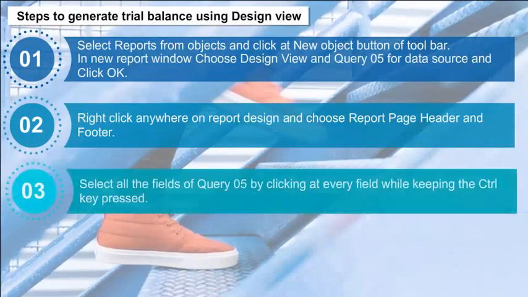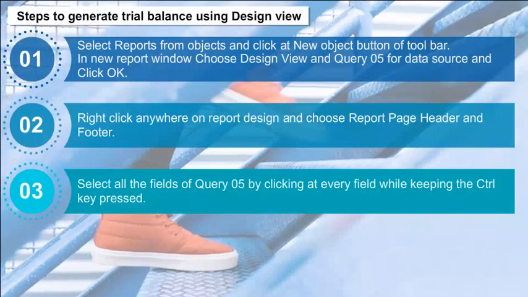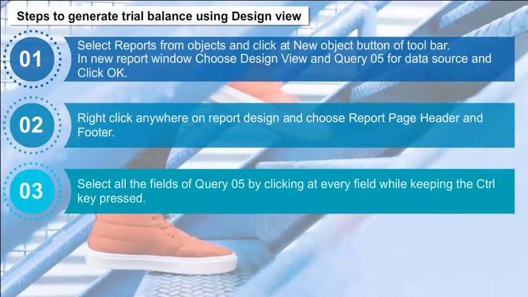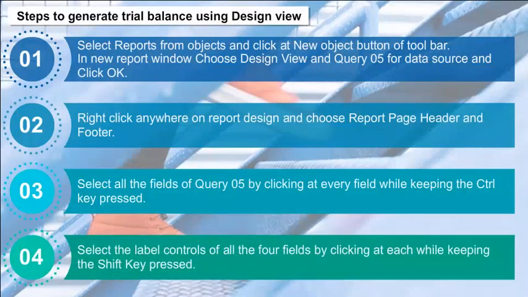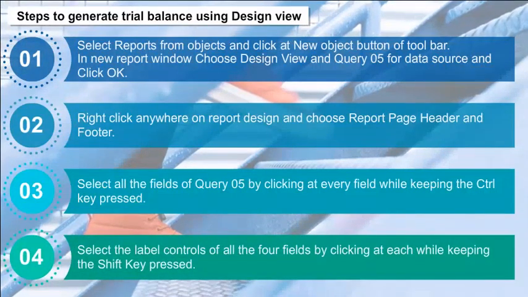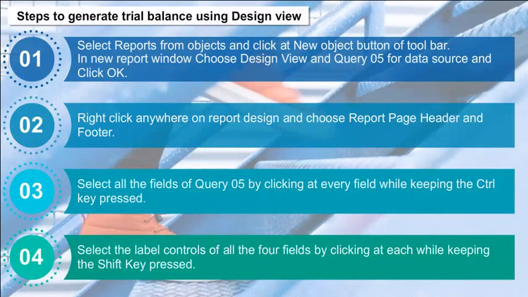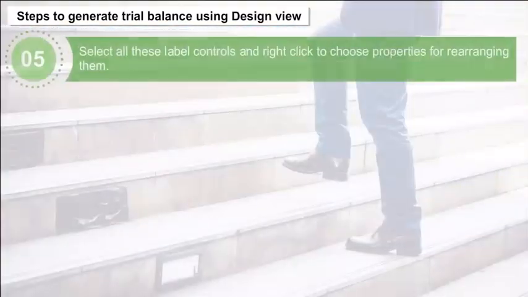3. Select all the fields of Query 05 by clicking at every field while keeping the Control key pressed. 4. Select the label controls of all the 4 fields by clicking at each while keeping the Shift key pressed. 5.